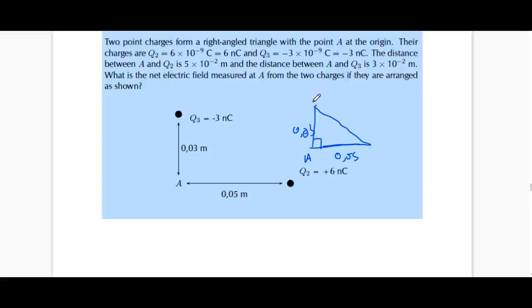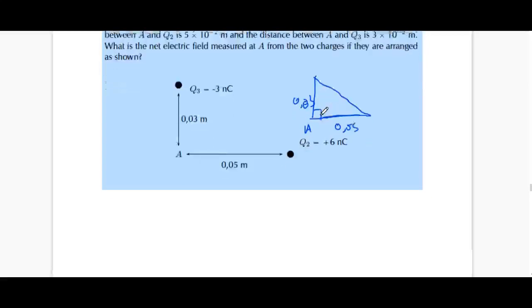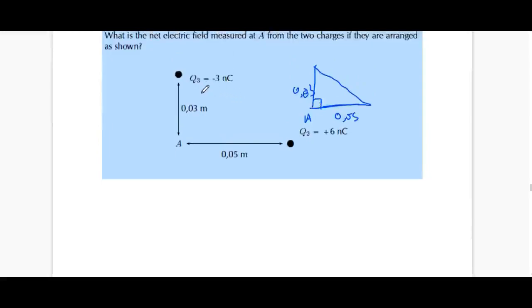Now here we can see that Q3 is negative and Q2 is positive. Because this one is negative, we know that the field lines of negative go inside, so it goes upward. Here we know that this one is positive.